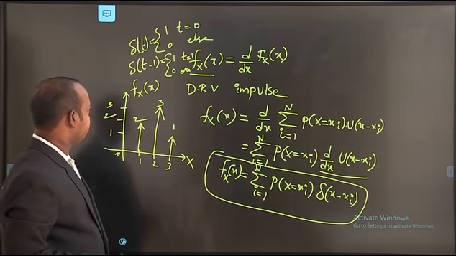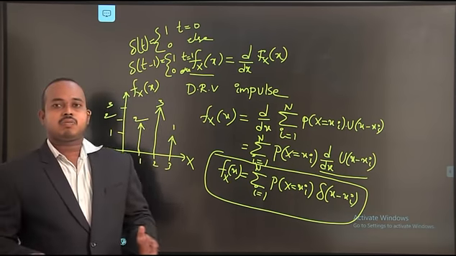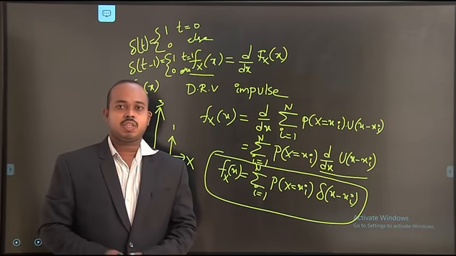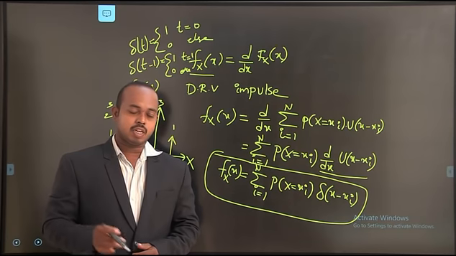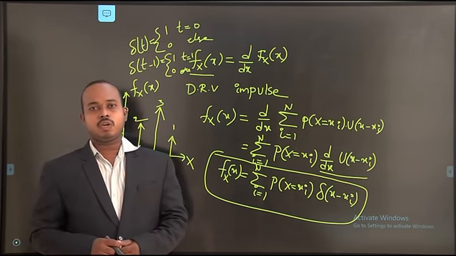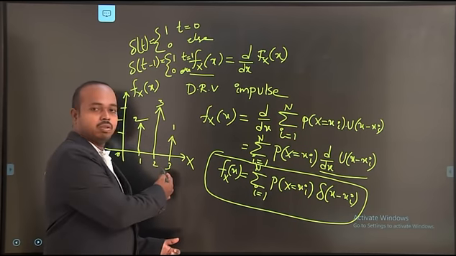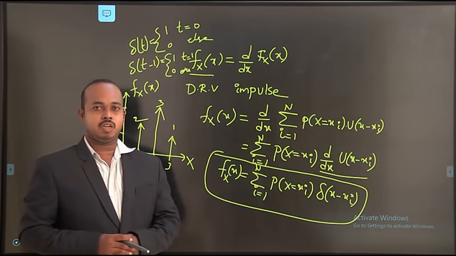This is an impulse function you can represent when the random variable is discrete. Here you can consider that the probability density function, in graphical orientation, is an impulse function when the random variable is a discrete random variable.